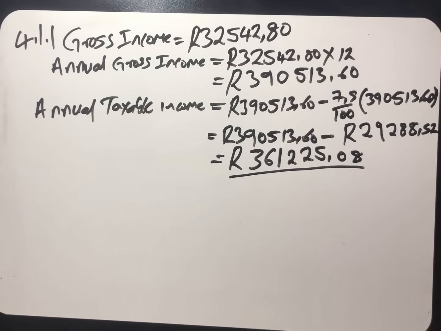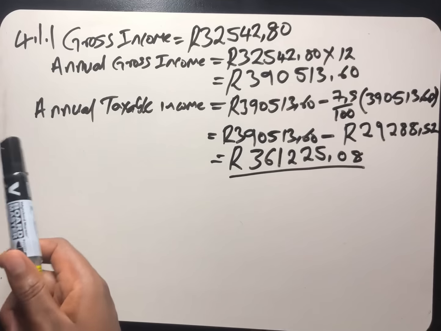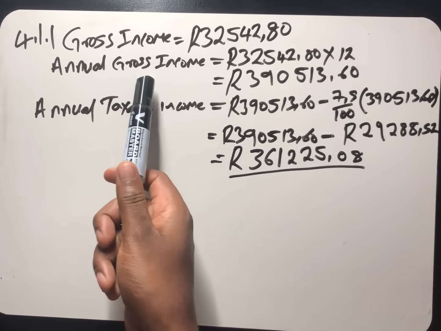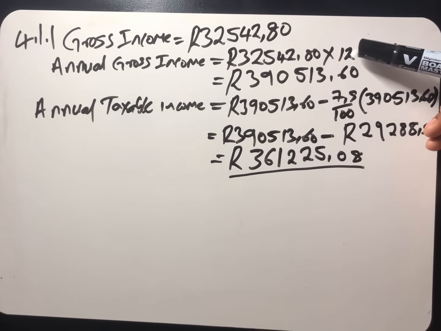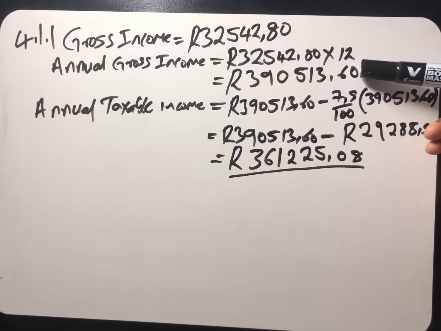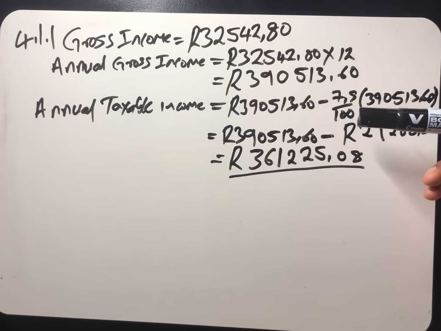This is the annual taxable income of Mr. Chabalala. How did we calculate it? We converted the monthly gross income into the annual gross income by multiplying the gross income given on the statement by 12. We found R390,513.60.